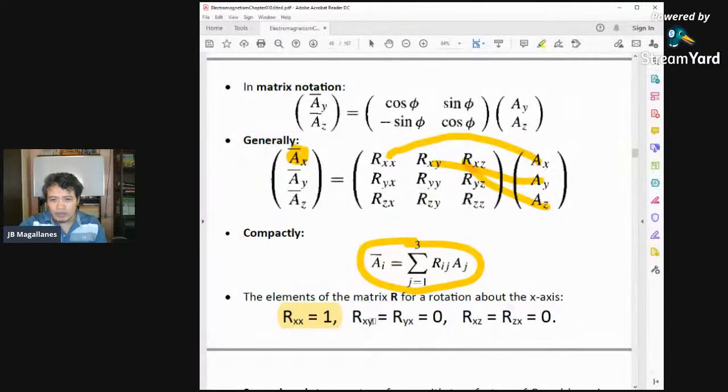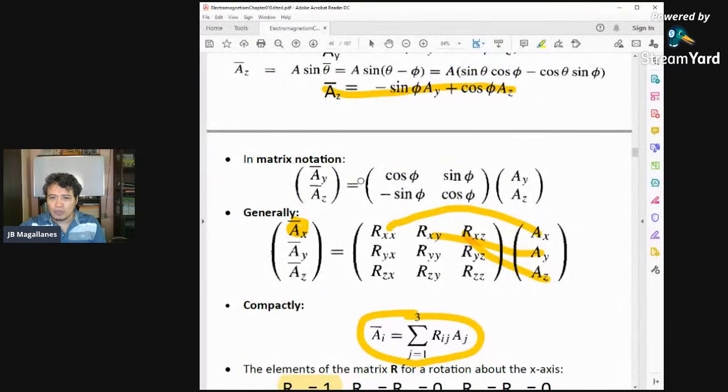And Rxy, of course, this is not really symmetric, but this one should also be 0, because ay does not contain a component in the x, so this is supposed to be 0 also, and this one is also 0 because az bar does not have an x component.